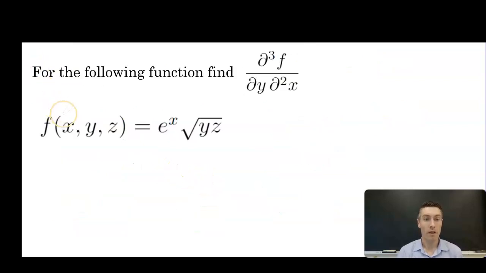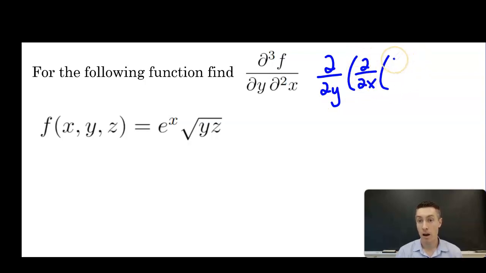Okay. So now let's find a third order partial derivative. Notice I didn't ask you to find all the third order partial derivatives since there would be quite a few of them, especially since this function is a function of 3 variables. So just a reminder, really what we're doing is partial with respect to y, of the partial with respect to x, of the first order partial of the function with respect to x.